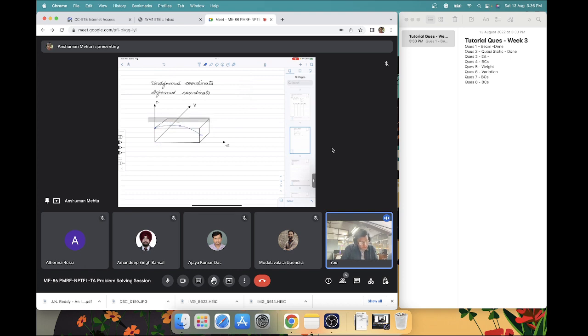The actual deformation and what we are approximating using some model are two different things. Okay, it depends on how much accuracy we want.